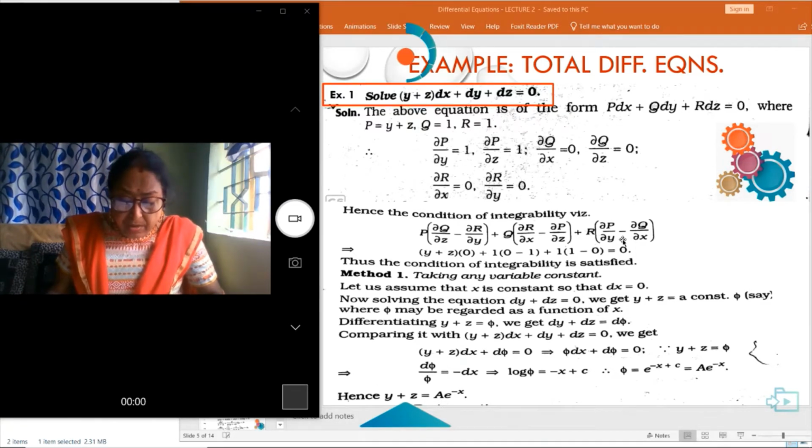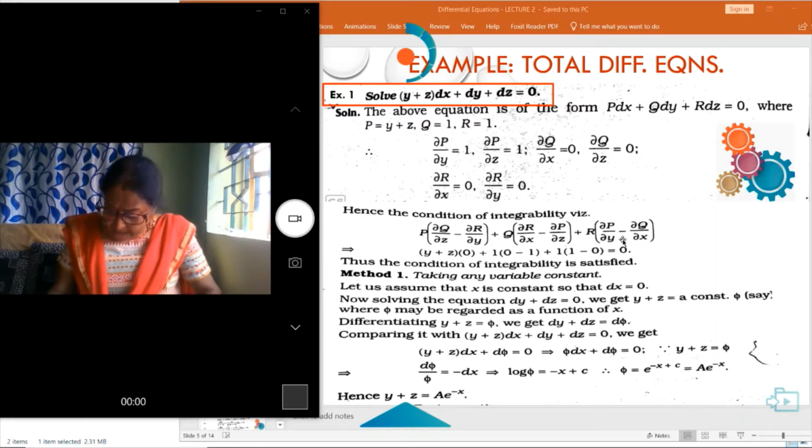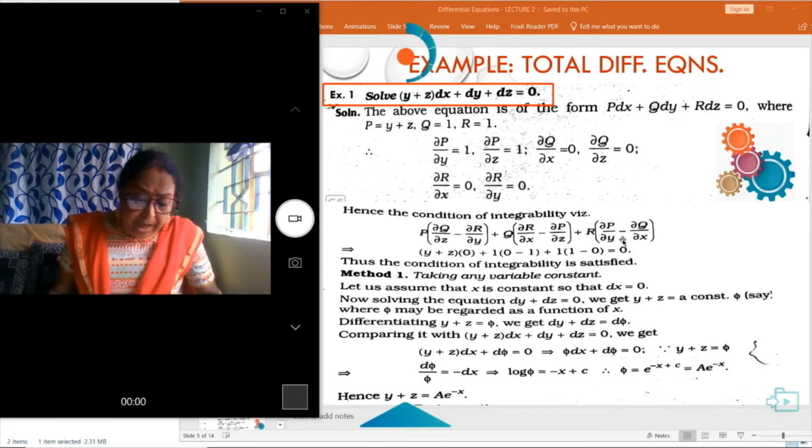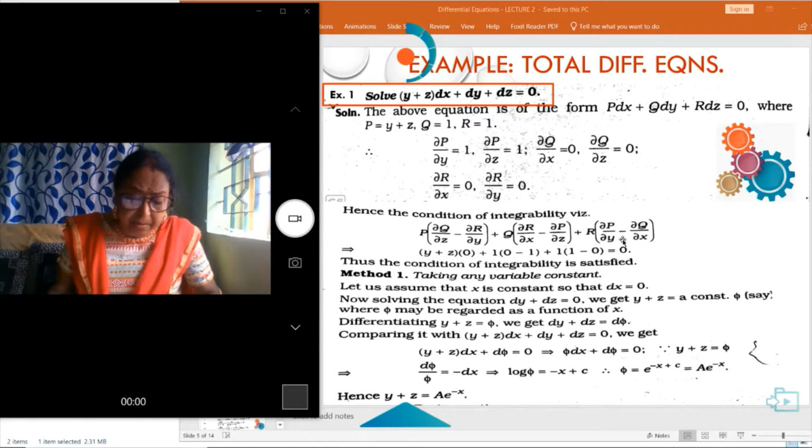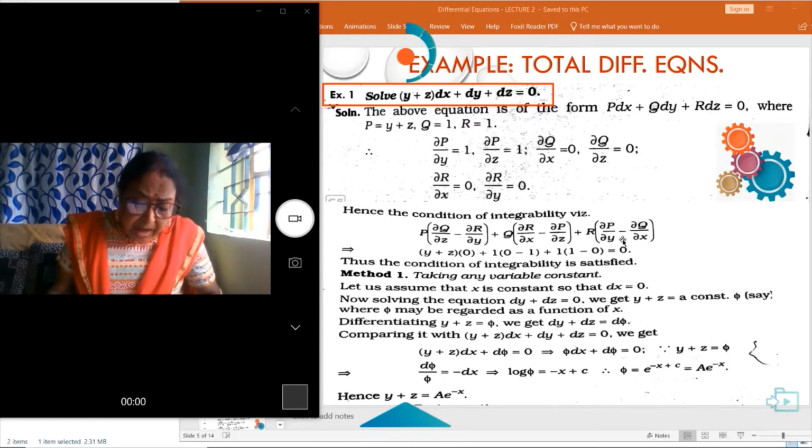integrability. So this should be when it is P, actually here P dx. So here Q and R, if we take Q and R leaving P, then the denominator Q is replaced by dz and R by y.